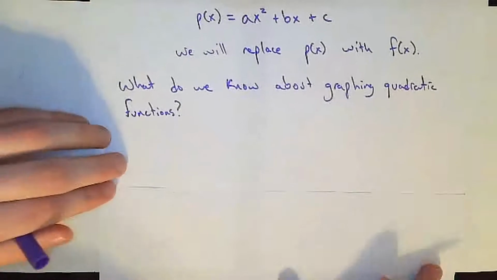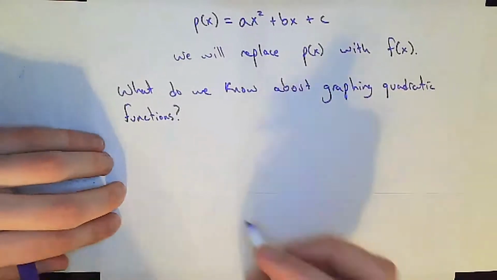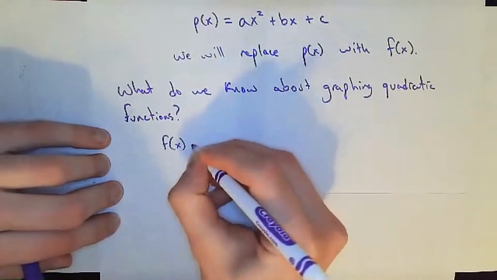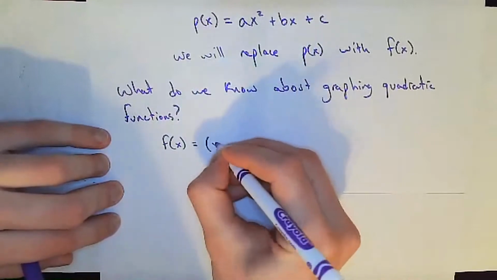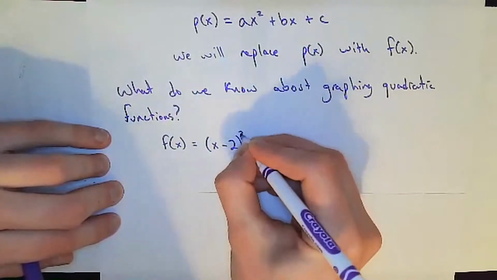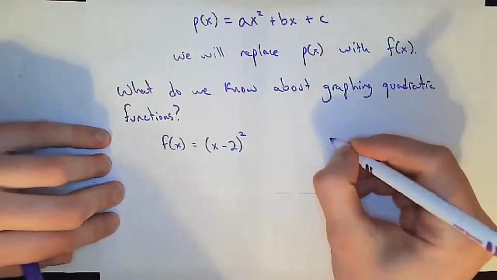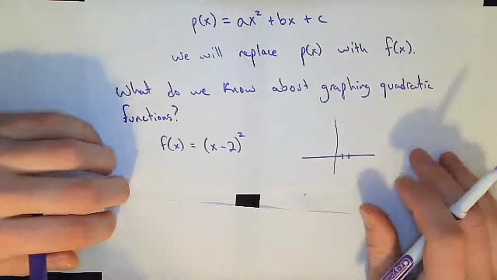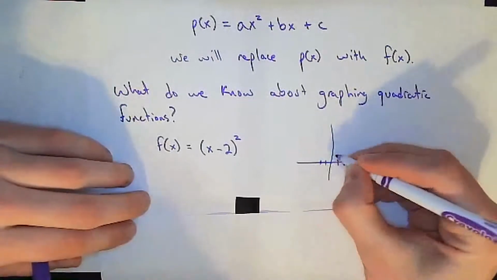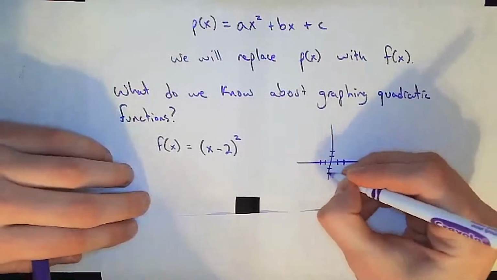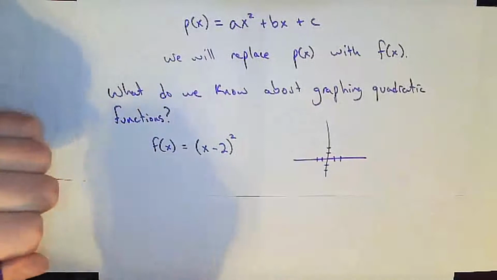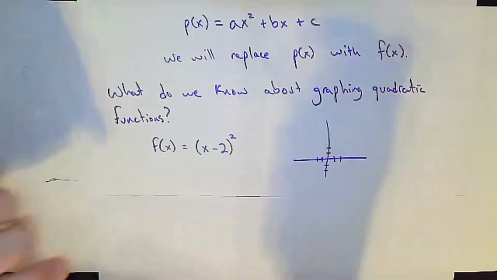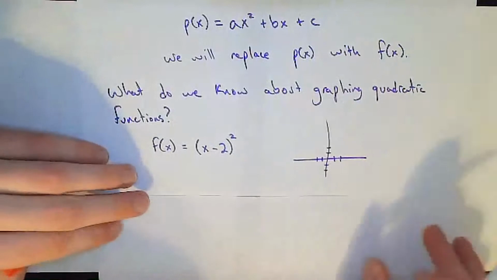Well, from section 2.6 about transformations of functions, I know that if I have f of x equals, say, x minus 2 all squared, then that is a parabola that's been shifted right by 2. And how did I ask you to sketch a graph? Last time I said as long as you can figure out where that beginning point is going, right?